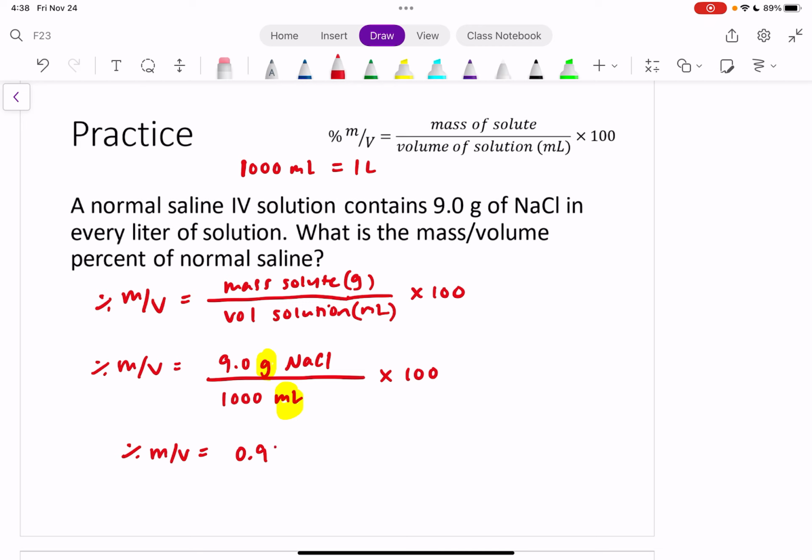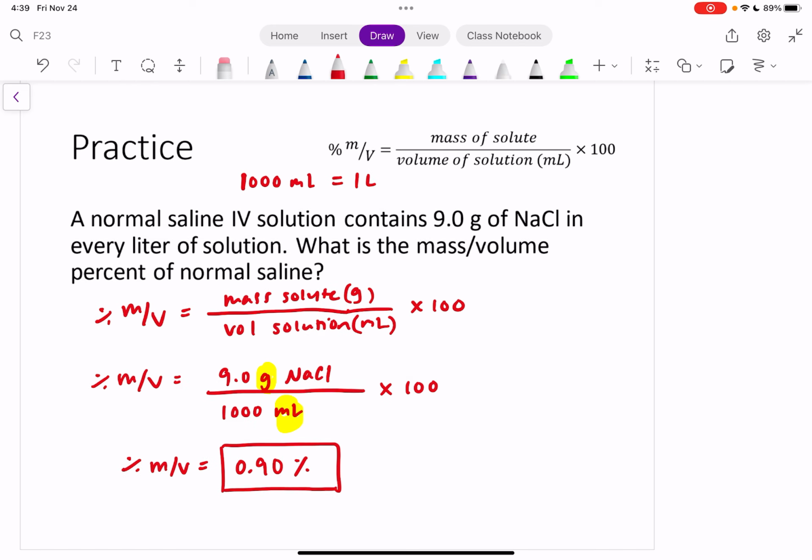Let's go one more sig fig for that: 0.90% is our mass by volume percent for normal saline. All right, I'll see you in the next video to talk about molarity.